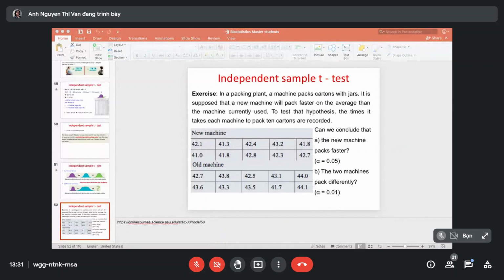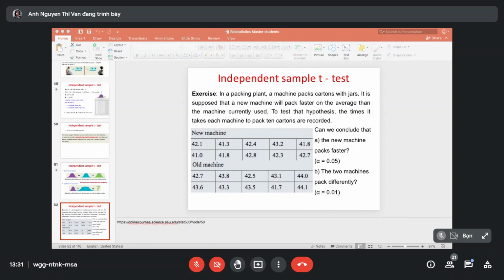You already checked the assumption first, so you can conclude it follows the normal distribution and use the parametric test. That's correct. Continue to explain how you solve this exercise.